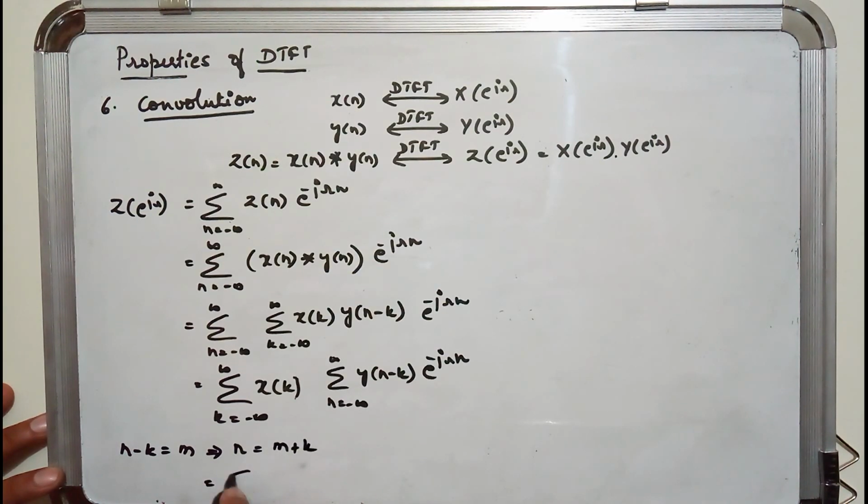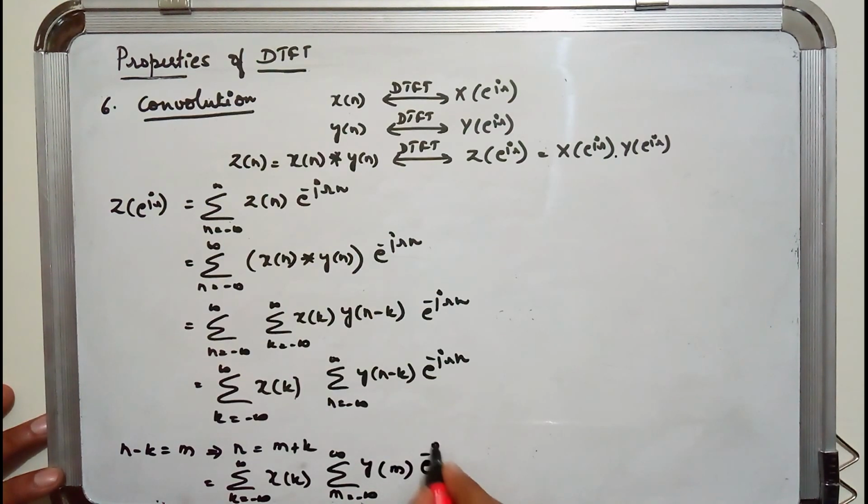So if I substitute it here, summation k equals minus infinity to infinity, x of k will remain the same. Summation m equals minus infinity to infinity, because n minus k is substituted as m, y of m into e power minus j omega into m plus k.